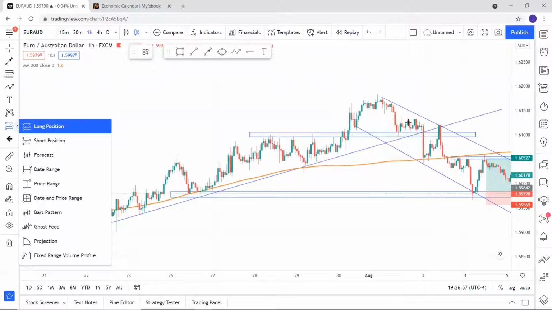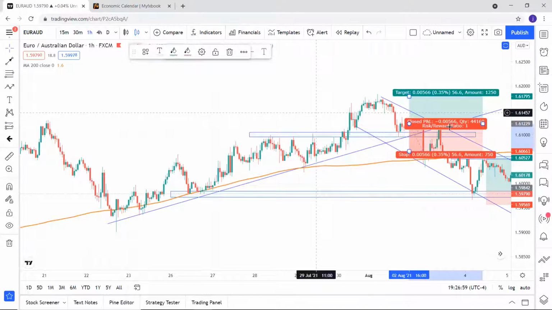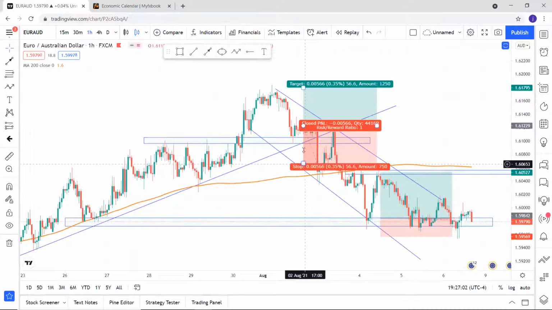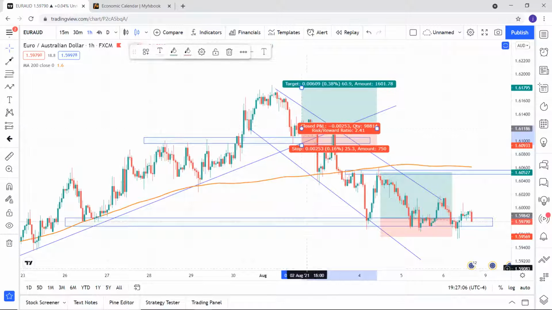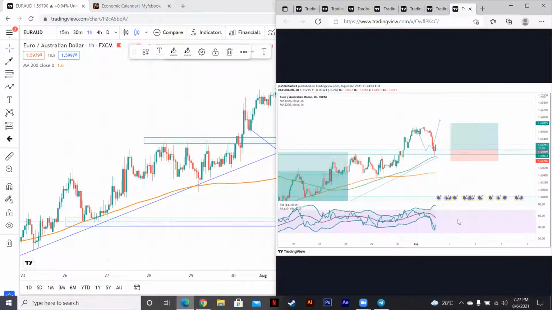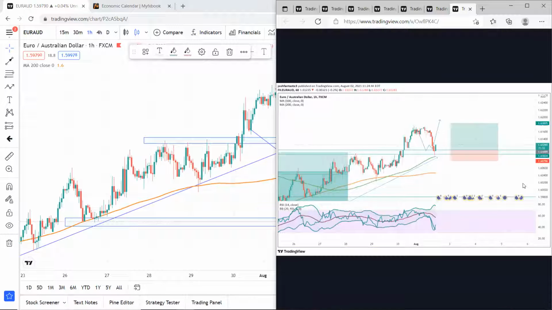So we entered somewhere around here. We're looking for that push up, stops something like this. Let me just look at those levels again. Make sure I mark it up correctly.